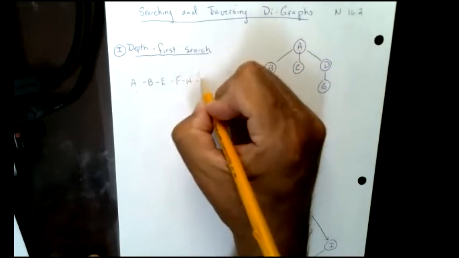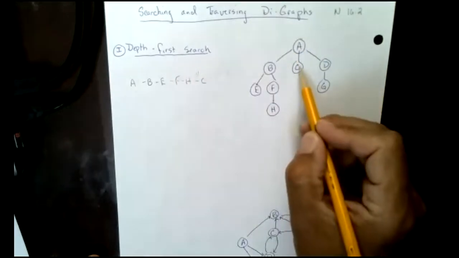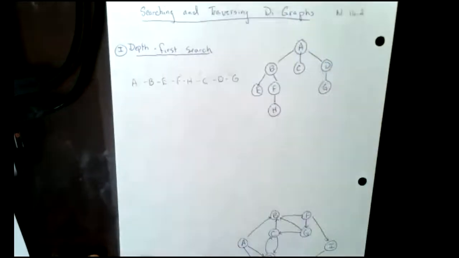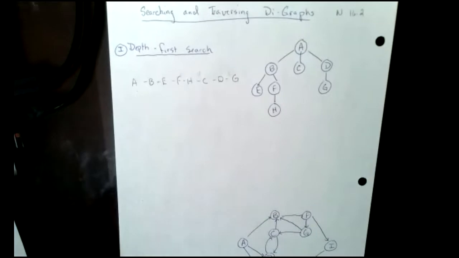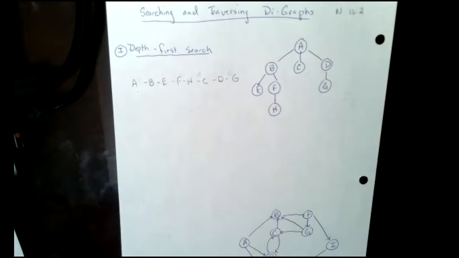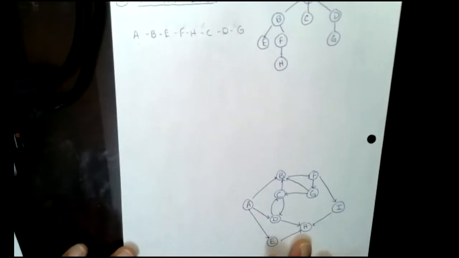Yeah, I can go to C. Can't go any farther, I go back up. I get to actually hit D and G. So if I started at A, I could hit all of these. So keep that concept of depth first searching. Go as far as I can, then start to work my way back. But any chance I can get, I will go far again.